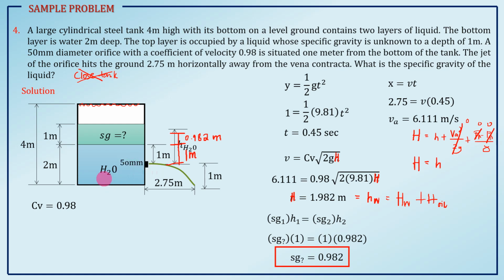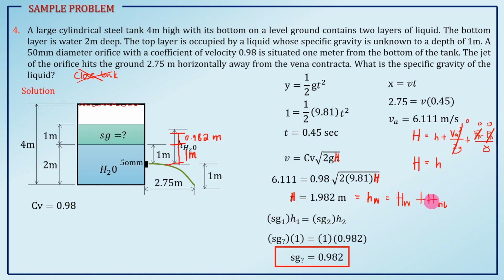Now, kung hindi water yun nandyan, let's say, yung mabigat na liquid, glycerin, di ba, mas mabigat yun sa water. So, kung glycerin yung nasa ilalim, yung H mo dito na 1.982 is in terms of the glycerin. Ayan. So, you have to use yung skills nyo from the fluid mechanics, no, to analyze yung ganyang problem.